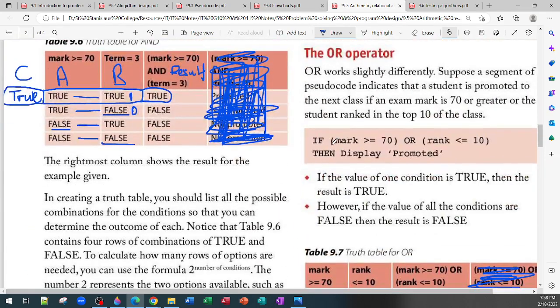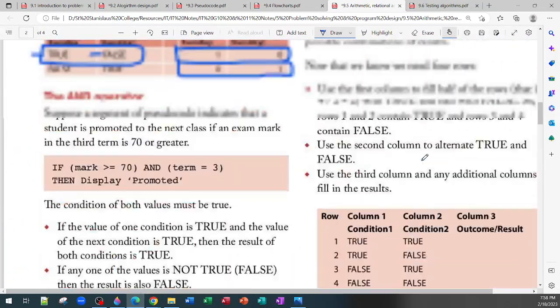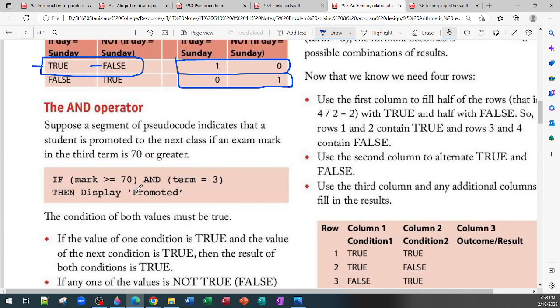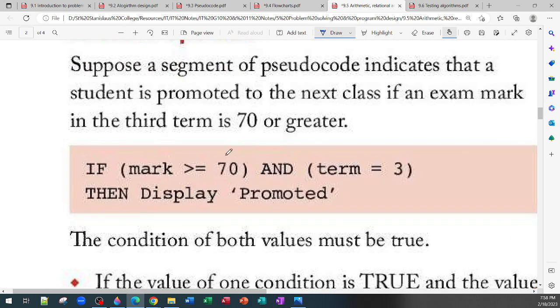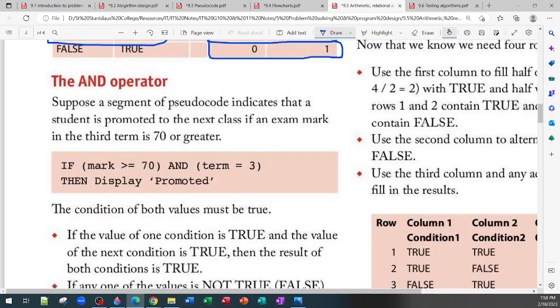So that's an example as to how that operator is used. We can look at this one here also, this AND operator. If Mark is greater than 70, it was basically the same thing. So let's look at the OR now.